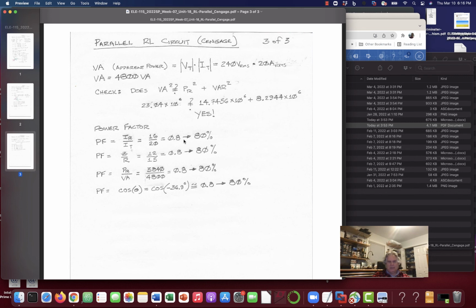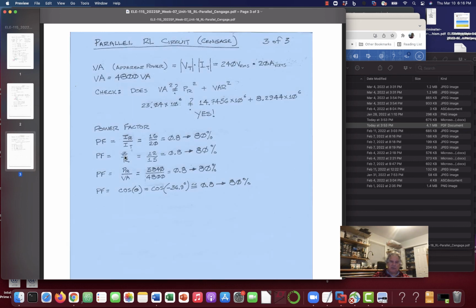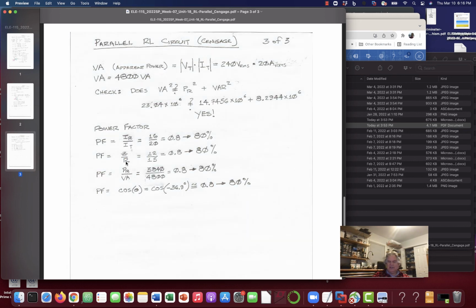You multiply it by 100 for percent, and you get 80%. The other way to look at it is, now this is a parallel circuit. Oops, sorry, it's Z over R. In a series circuit, it was R over Z. But Z over R, 12 over 15, again, it's 0.8. Multiplied by 100, you get 80%.